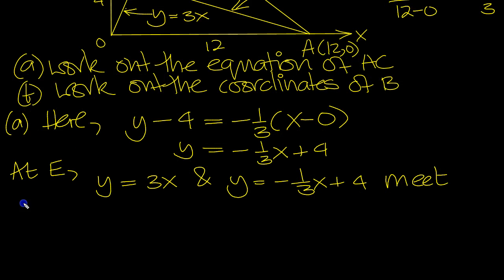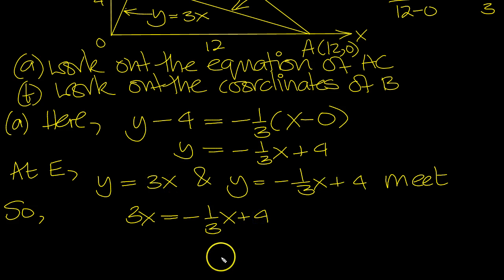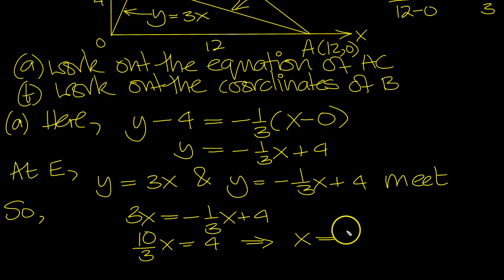So 3x then must equal minus 1/3 x plus 4. The y values meet. 1/3 and a 3 is 10/3, isn't it, x? So move that over and add them. It's equal to 4. x is equal to, move the 3 up to times is 12, and move the 10 down to divide is 10, which is 1.2.